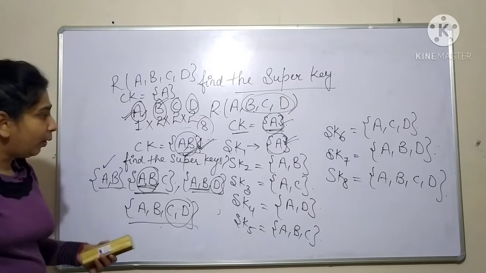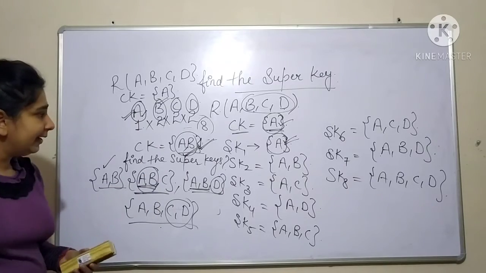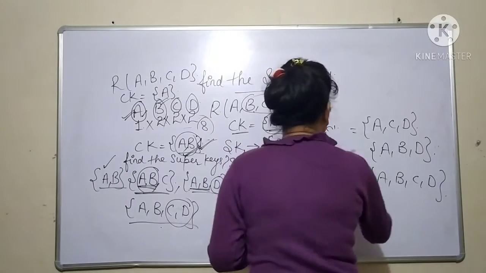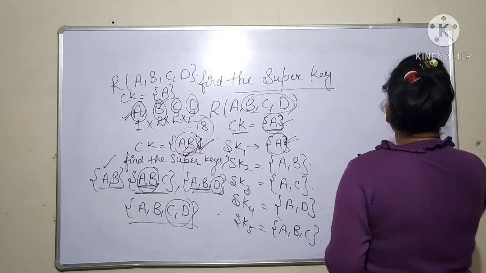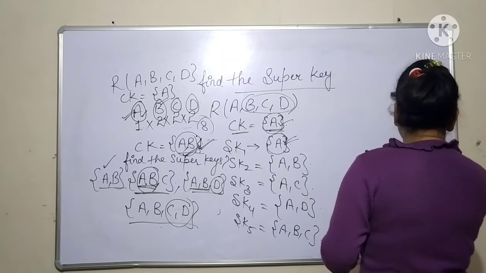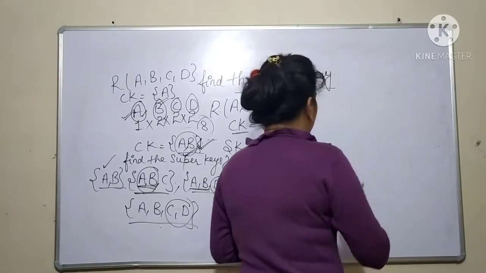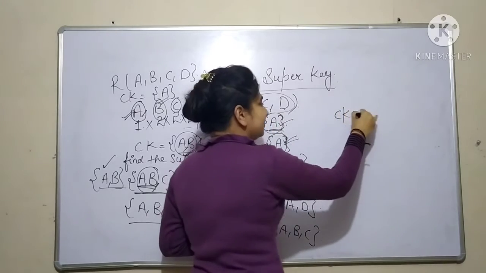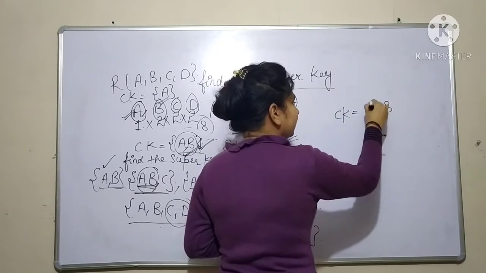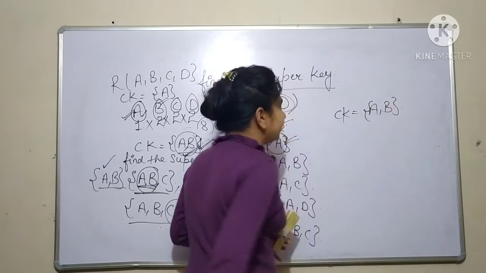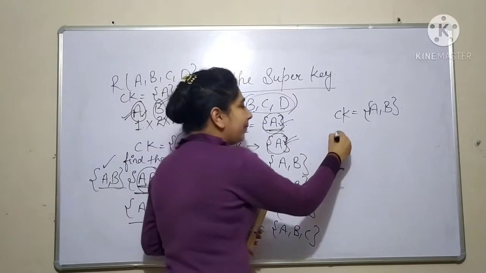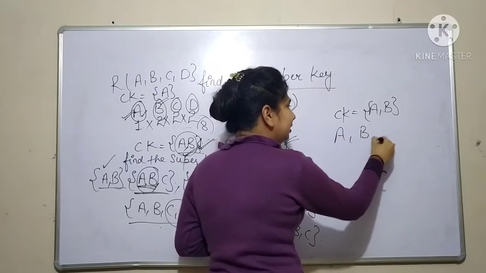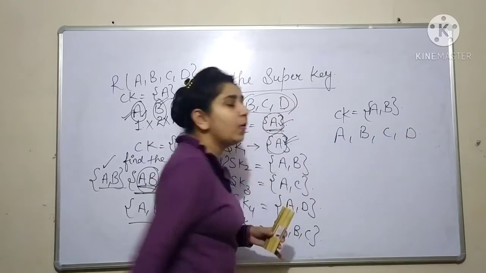So how can we find it? Let me show you. What is the formula to find the total number of super keys in this case? We have a candidate key AB. How many attributes do we have in total? These four attributes.